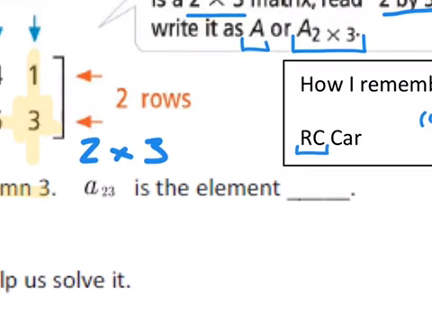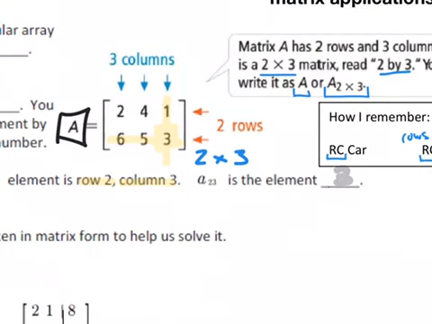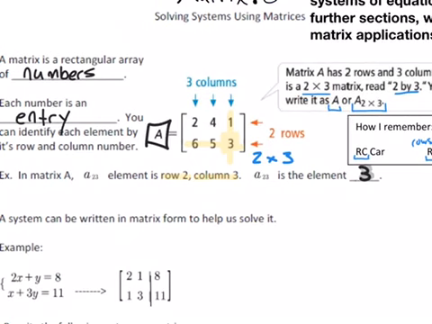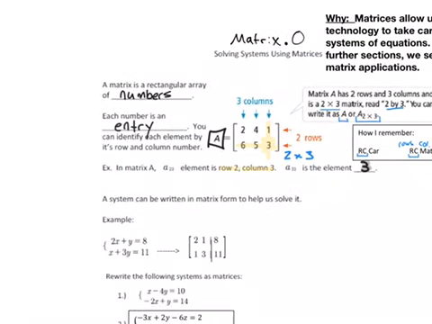So A23 is element 3 that we can see was double highlighted. Now, you need this notation so that you can point people's attention to different values in a matrix very quickly. You don't want to say, do that bottom right number. You could say A23, which is telling them it's in the second row, third column. So that's a little matrix introduction.